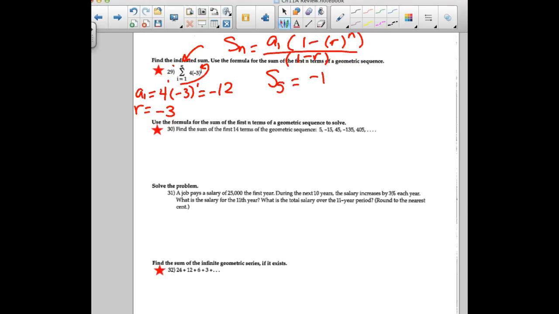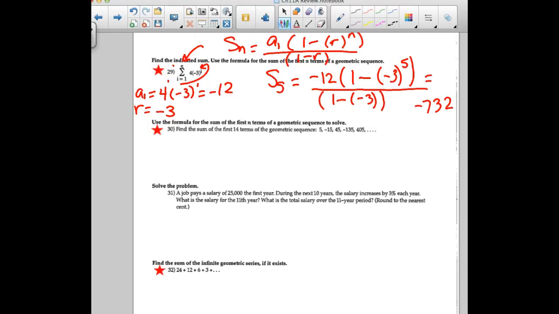Our first term is -12. We have 1 minus the r value, and you are going to need parentheses around that, to the nth power, in this case of 5. Close off that top set of parentheses. On the bottom, we have 1 minus our r value. And using calculators, we should get -732.